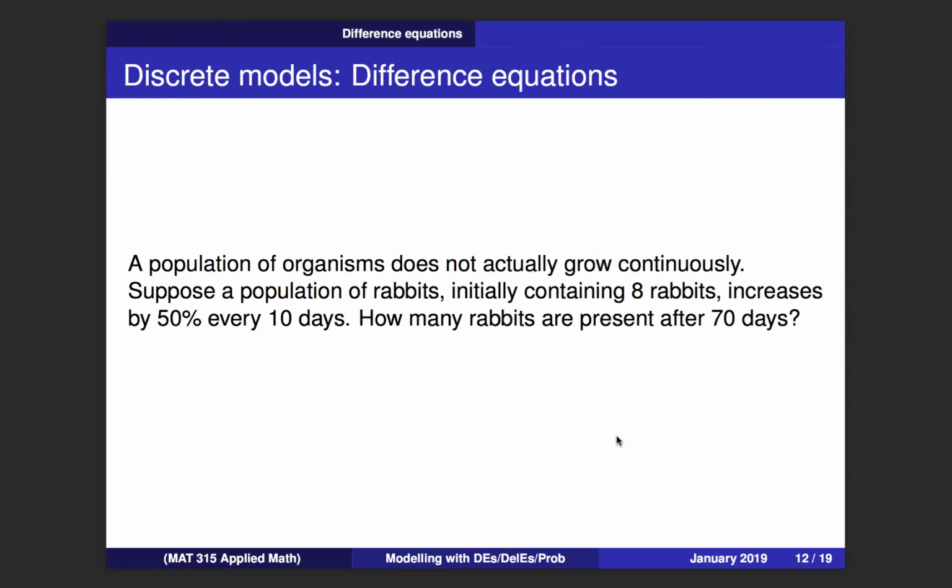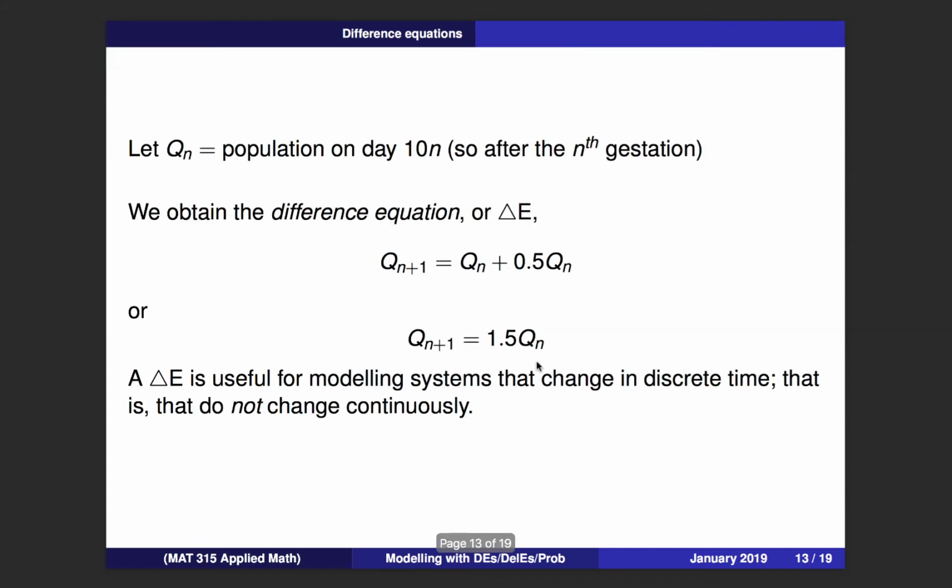On the other side of things, a similar analogous situation is where things change discretely. In calculus, it's all about continuous functions, except for when we talk about sequences, which are discrete. But you might have a situation where things don't grow continuously. Here's an example. You could figure out what happens by just iterating this process. Suppose Q sub n is the population after the nth birthing.